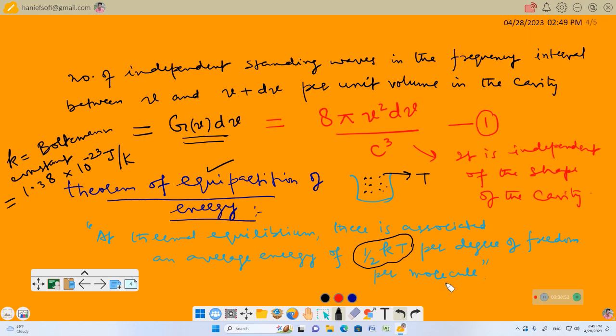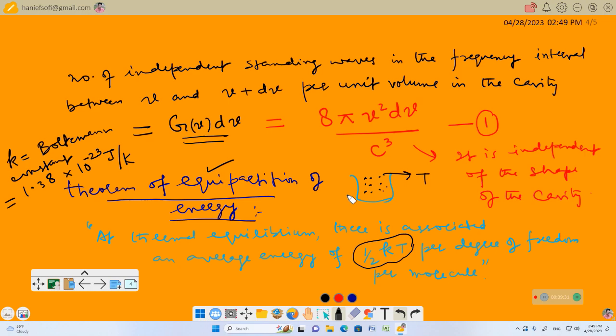Now, this theorem of equipartition of energy is not just applicable to the container of gas molecules only. I repeat, it is not applicable only to the container of gas molecules. It is equally applicable to the container containing the radiation or mixture of radiation and molecules.